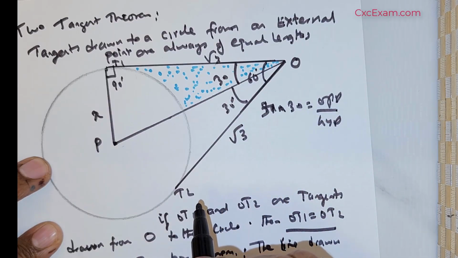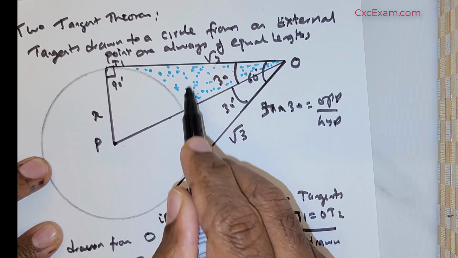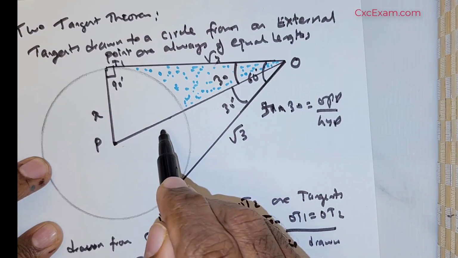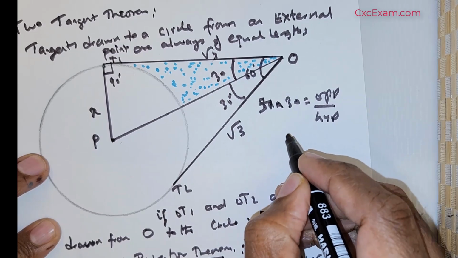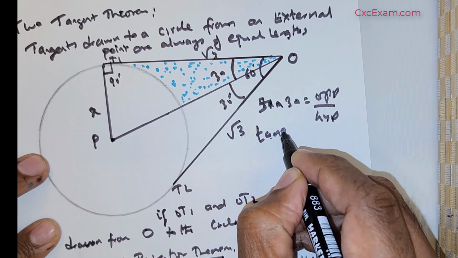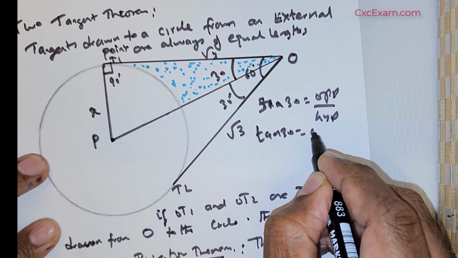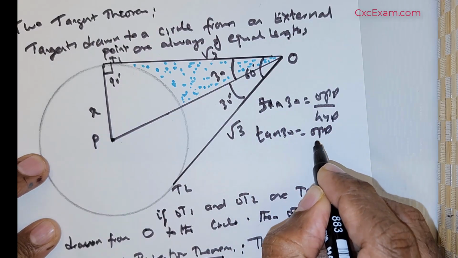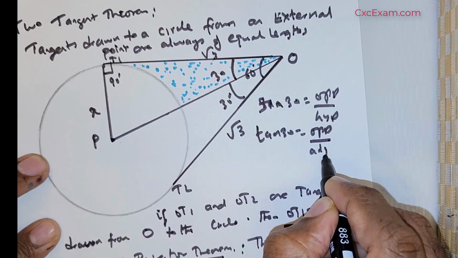No, I think hypotenuse means we will be targeting this side, so that won't work out. So we will use tan 30 as opposite side by adjacent side.